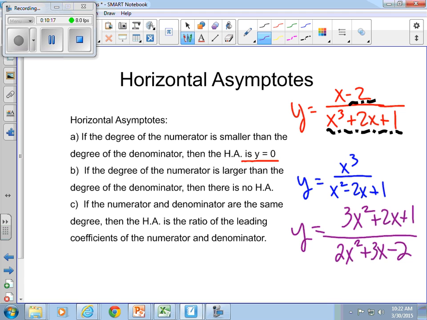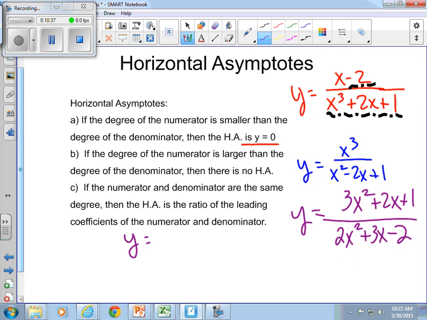What is 3x squared divided by 2x squared? 1.5. Just 3 over 2? The x squared is canceled. So the horizontal asymptote would be 3 over 2. The ratio of the leading coefficients is just those two leading coefficients divided. We do need to make sure that our exponents are going in descending order when we're making these decisions, right? The highest power first. So these are the 3 rules we're going to follow for horizontal asymptotes.